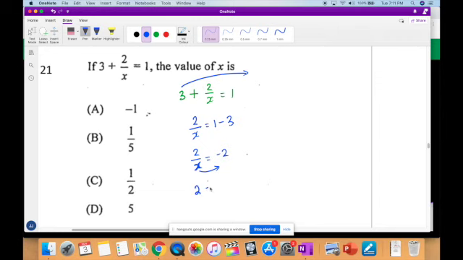So now I'll have 2 is equal to negative 2 multiplied by x. Now that I have x out of the denominator, I can take this negative 2 and fling it across, which will leave x alone on this side, equal to 2 divided by negative 2. x is equal to negative 1.